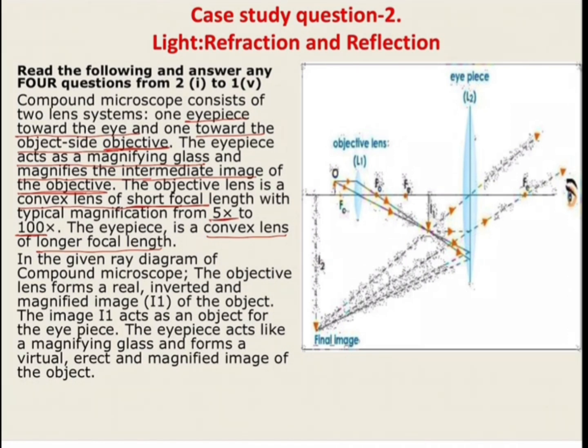We know that the focal length is inversely proportional to the power of the lens. So if the lens has less focal length, its power will be high. Eyepiece is a lens with greater focal length but less power. Both are magnifying glasses, meaning convex lenses.